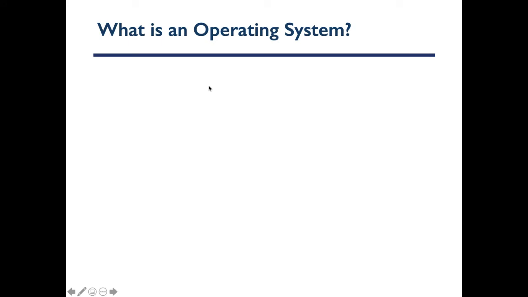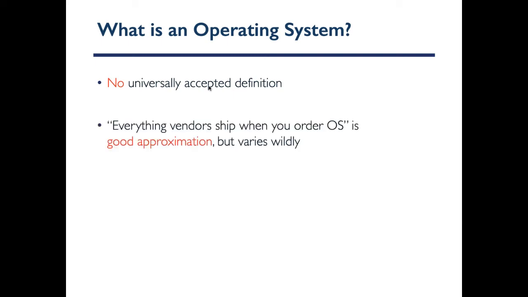For the remaining time I have, I think I've got about 25 minutes. So what is an operating system? Well, there is no universally accepted definition. This also Irene is going to answer on Q&A. Okay, so what is an operating system?